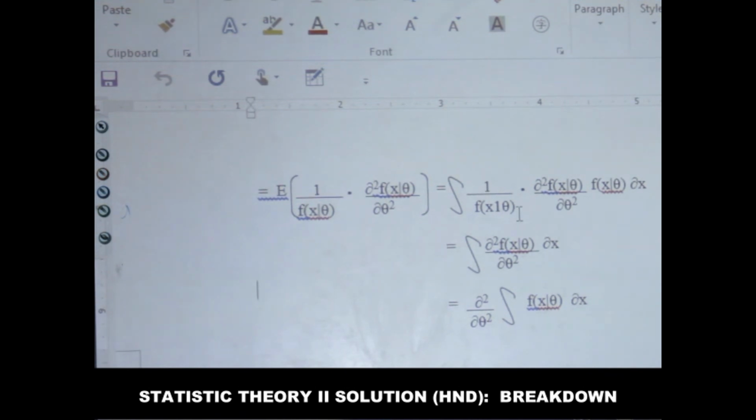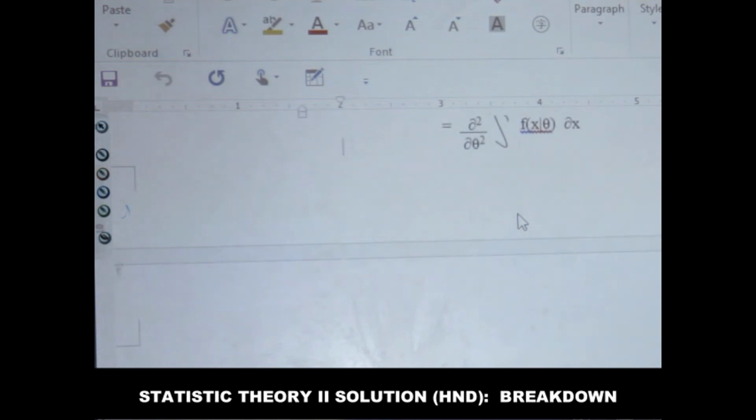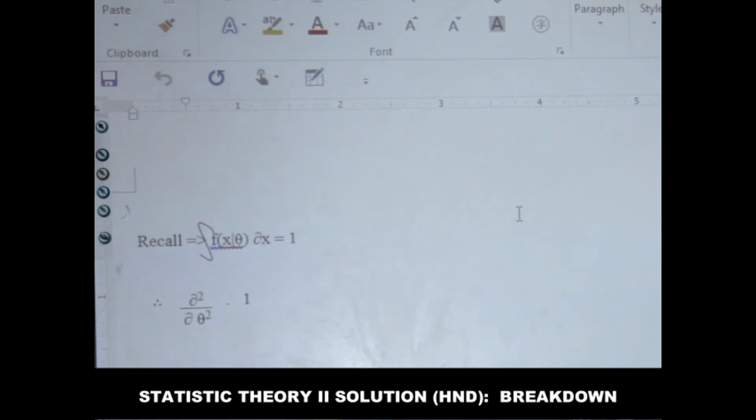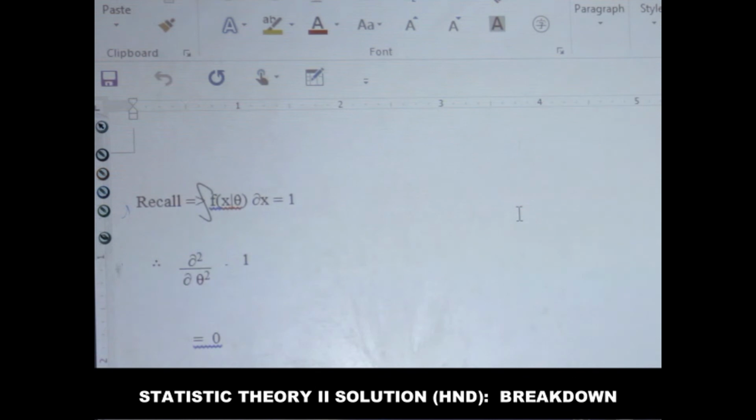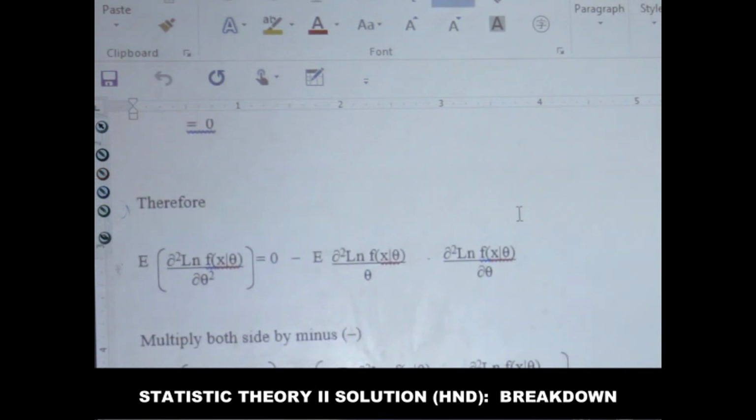The expansion is there on your screen, and we are told to recall that the integral of f(x, theta) dx is equal to 1. So now you multiply by 1, and by the time you multiply by 1, everything is equal to 0.